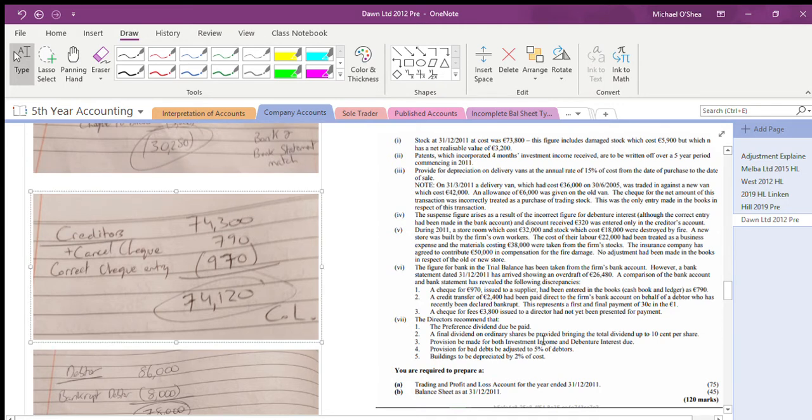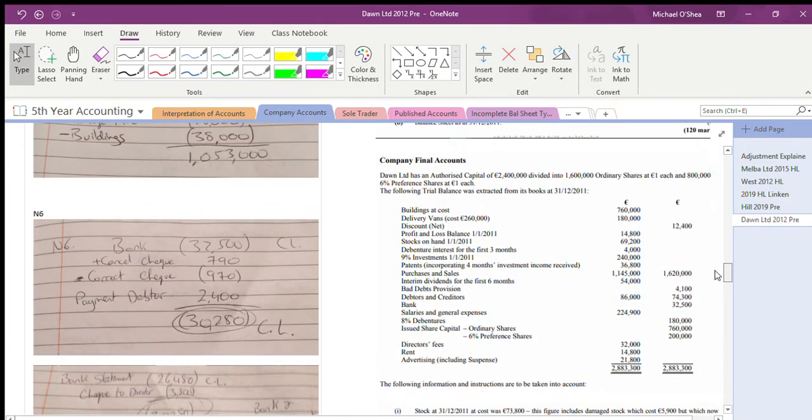What I had done is I had sent a check for 970, which should have reduced the amount the creditors are owed. But I actually took that figure as 790. That was a mistake. So I need to add the 790 back to bring it up to the original debt, and then I'm taking away the correct check of 970.